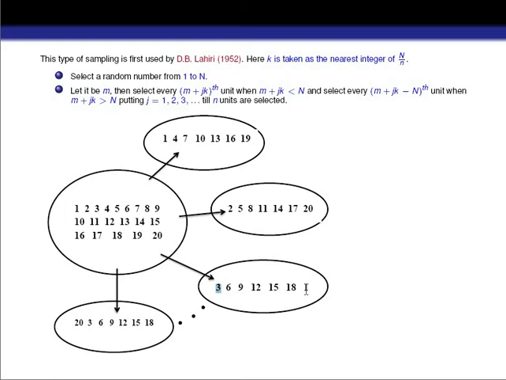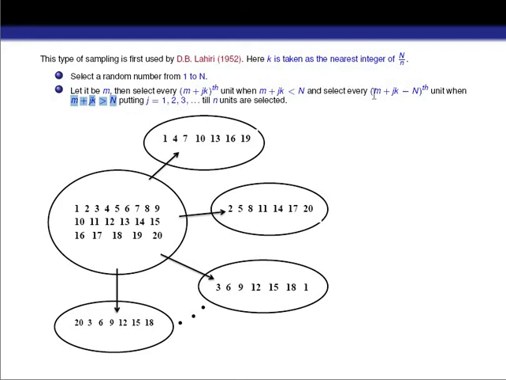After that we will get 21. That means this m plus jk is equal to 21, which is greater than capital N. So if the unit is greater than capital N, what do we do?